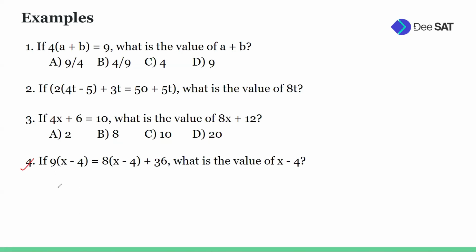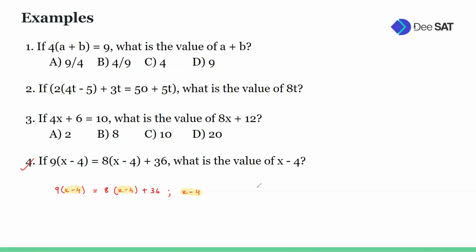It says if 9 times x minus 4 is equivalent to 8 times x minus 4 plus 36, what is the value of x minus 4? There are two ways to do this particular question. You can easily see that x minus 4 is behaving as a variable in the equation itself. Either you replace x minus 4 with something else.